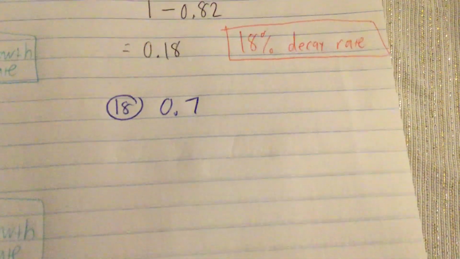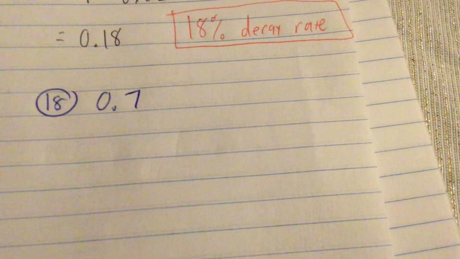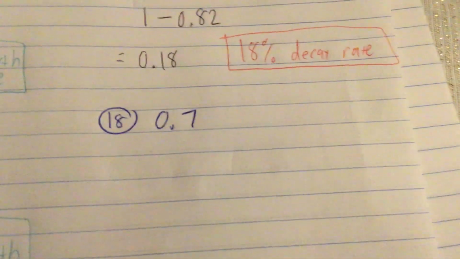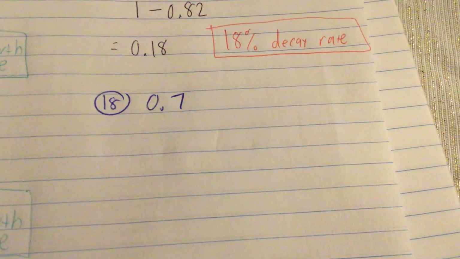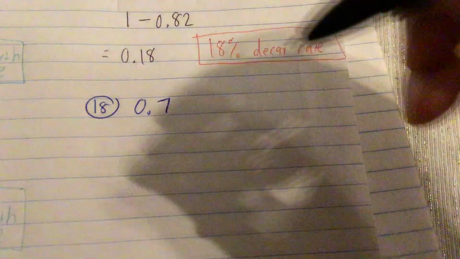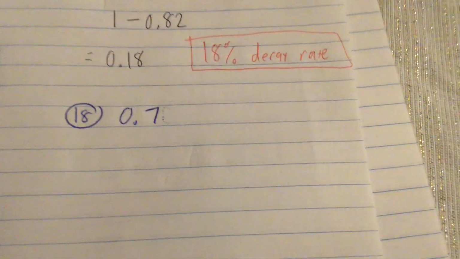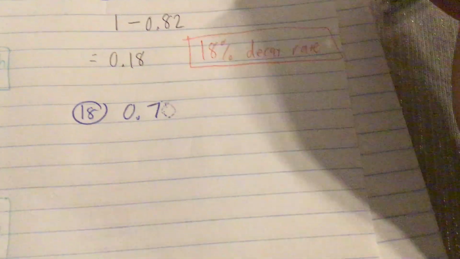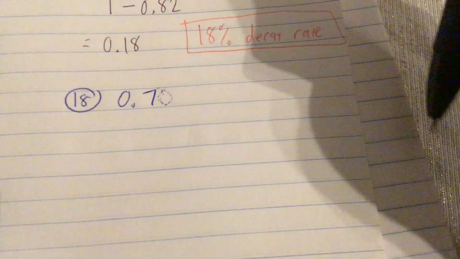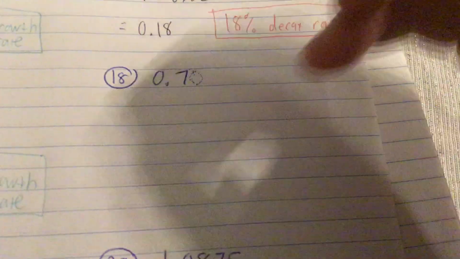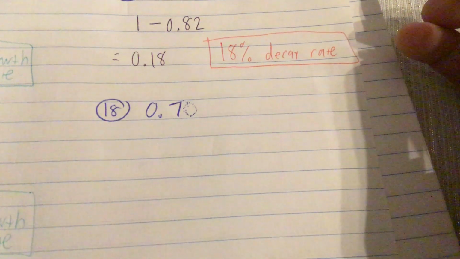Number 18, 0.7. Once again, I like double digits, so I like to put a little ghost 0 right there. I'll make it a little bit darker. Much better. If it makes you feel better to put that 0, be my guest. So remember that the scale factor is between 0 and 1.